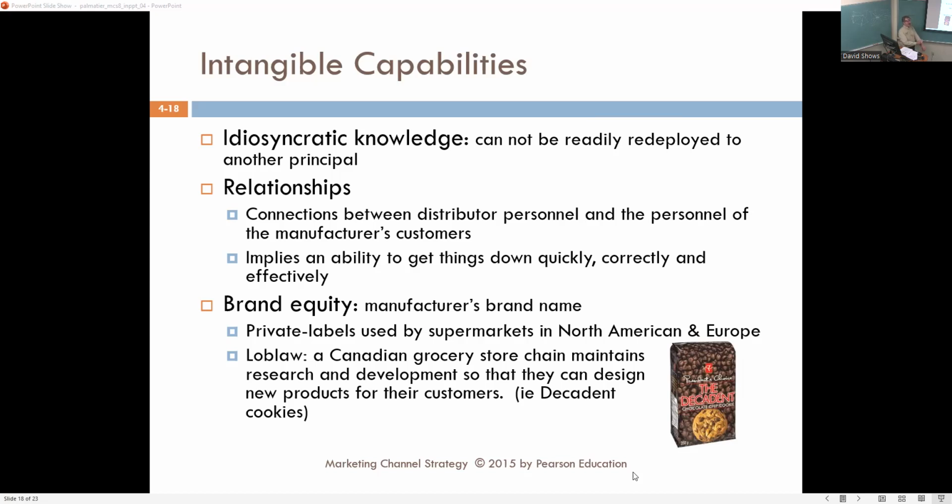The next is relationships. I would also say that my milking cousin, Paul, they all had a special relationship with their partners, and it was so good that it was unbreakable.